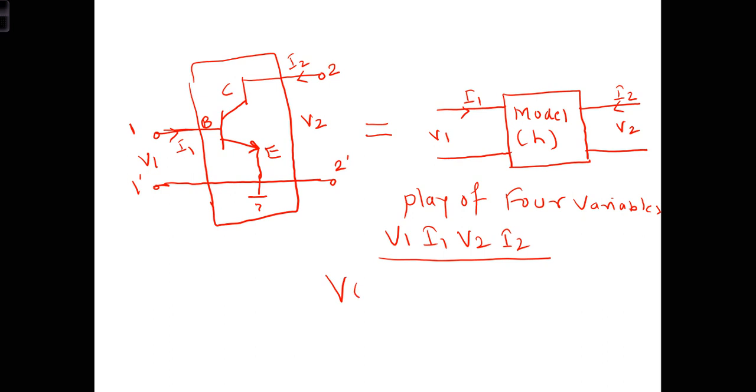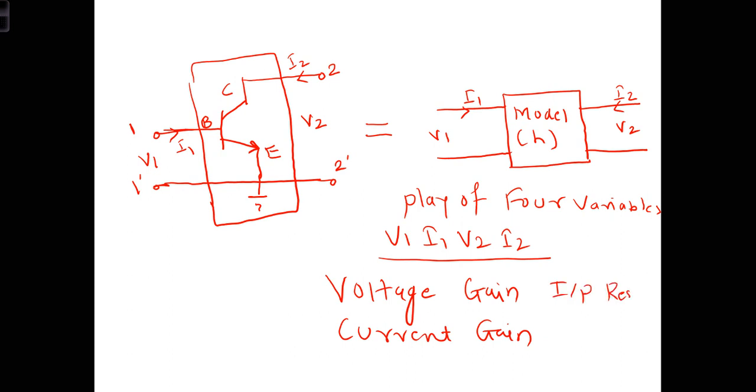I am telling you the general outline: voltage gain, current gain, then input resistance and output resistance. That's all. So these 4 parameters we are calculating by using the model. This is the brief overview.